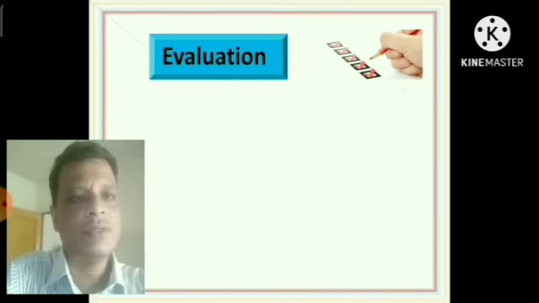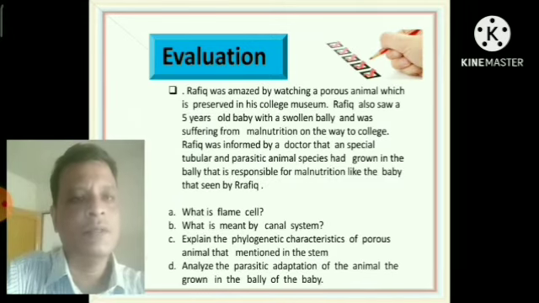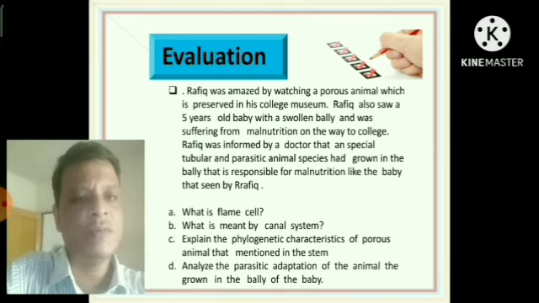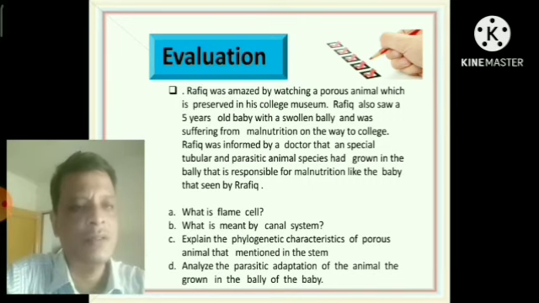Now, the evaluation. Rufik was amazed by watching a porous animal which is preserved in his college museum. Rufik also saw a 5-year-old baby with a swollen belly suffering from malnutrition on the way to college. Rufik was informed by a doctor that a special tubular and parasitic animal species had grown in the belly that is responsible for malnutrition, like the baby seen by Rufik.